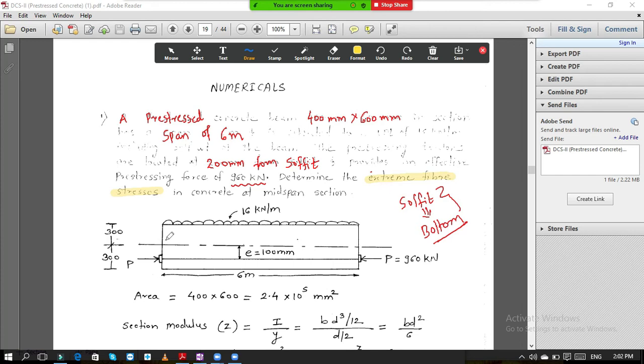This is the important thing. Here what they have asked us is to calculate maximum fiber stresses, meaning total stress at top and total stress at bottom. This diagram is given to you; you can refer to it. Here the load is given as 16 kilonewton per meter. They have not mentioned whether this is dead load or live load.